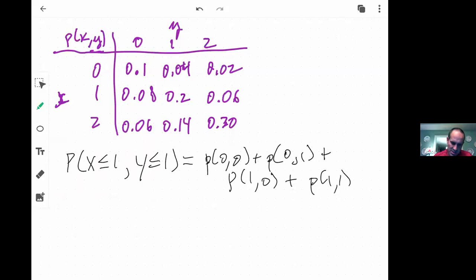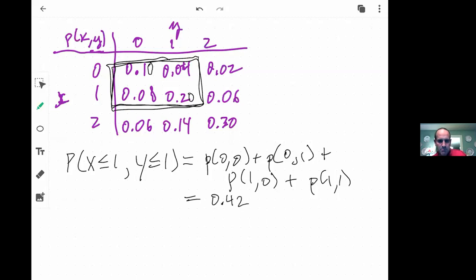So really we looked at all these entries sitting right there. What do we get? You just add those together. It's 0.10 and 0.20, so that's going to be 0.14 plus 0.08 is 0.22, so 0.40, 0.42.